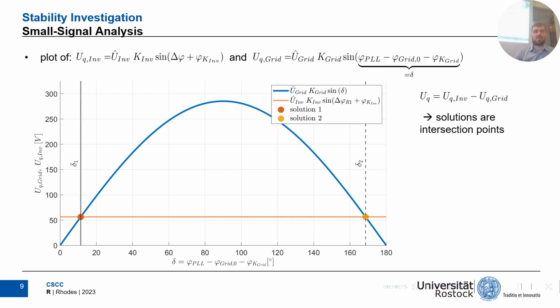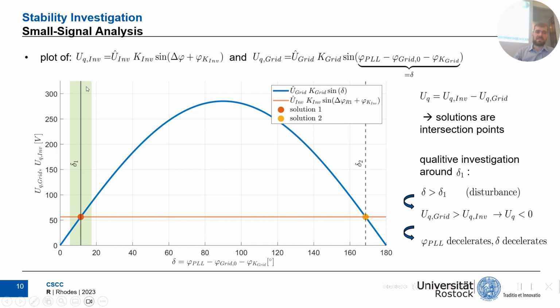We know that the equilibrium or operating points are at the intersections, and you can see there are two. Yeah, we can now perform a qualitative investigation of those two points. Let's consider first the point on the right-hand side, marked with delta 1.